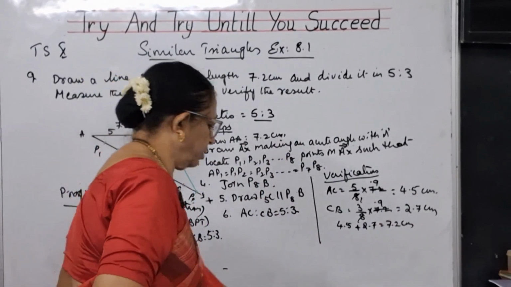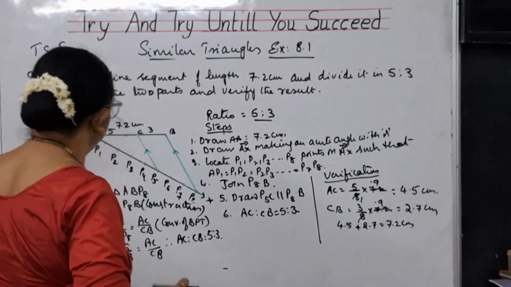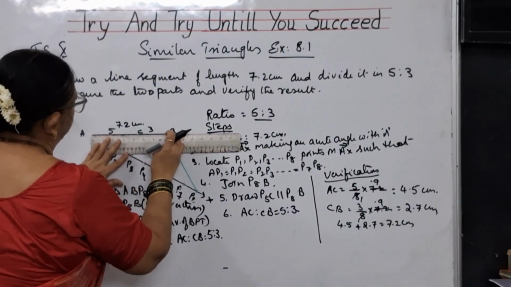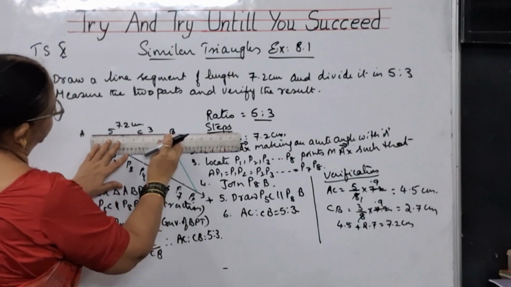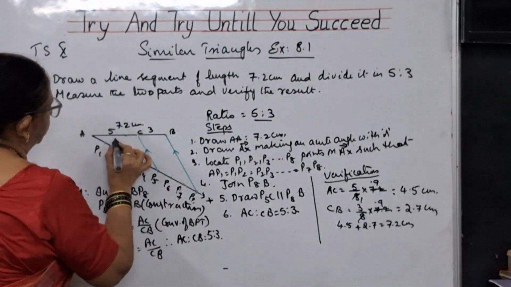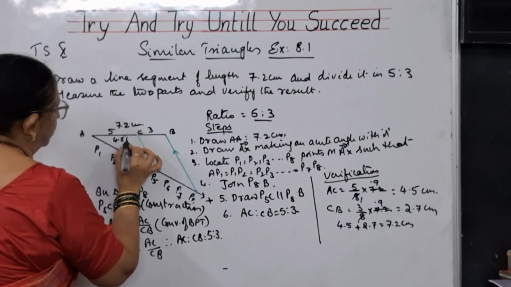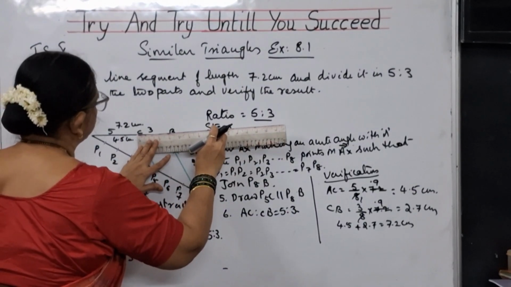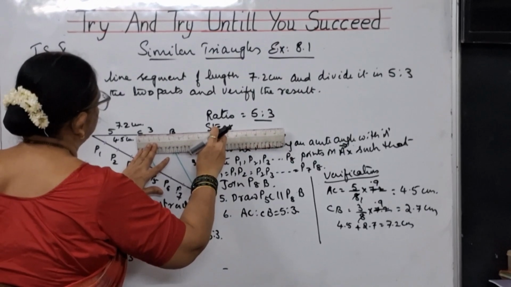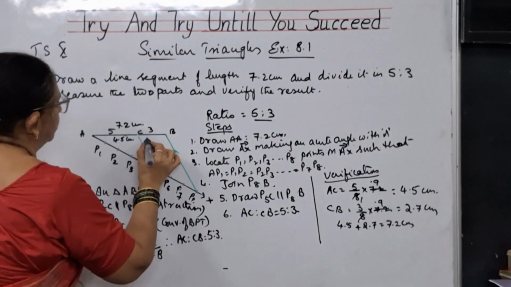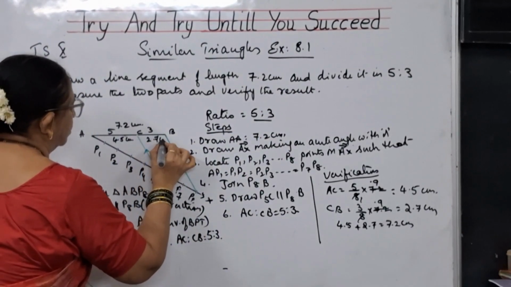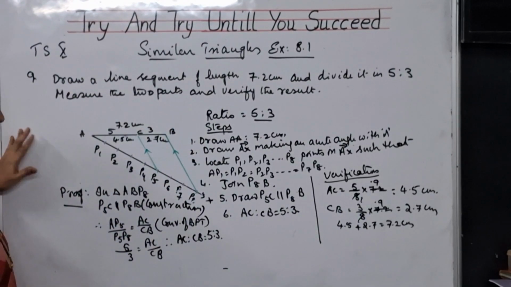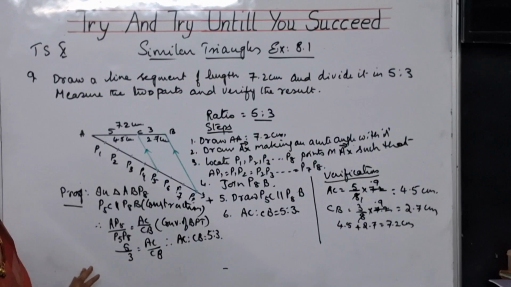So the same verification if you do with your scale also, here see, even I have got this as 4.5. This measures 4.5 centimeters, and the next one is exactly 2.7 centimeters. Even I have got the same measures, children. You have to do it in this way and find out whether they are same or not.